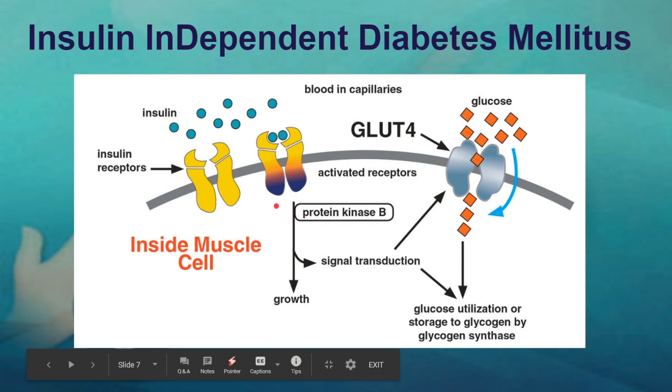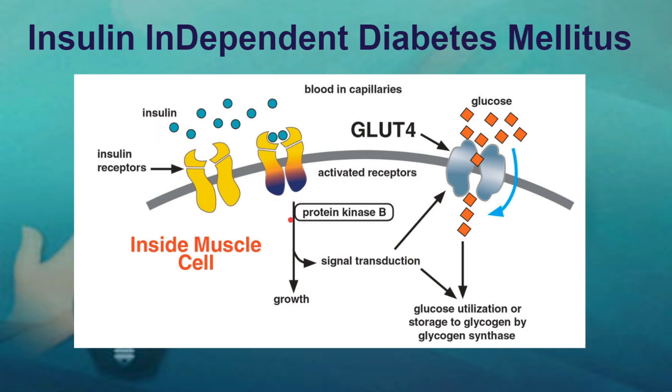Over here the patient's body becomes insulin resistant. So the receptors are not able to get sensitized by this insulin, because now these receptors are resistant to the insulin. Because of this resistance, what will happen?